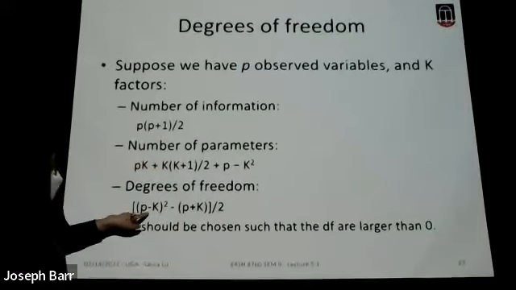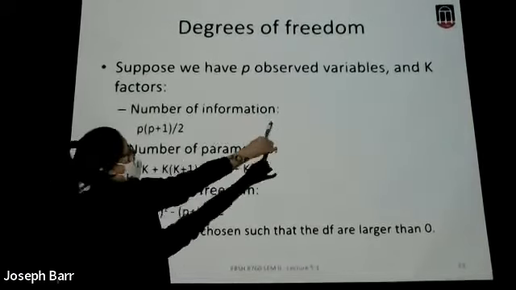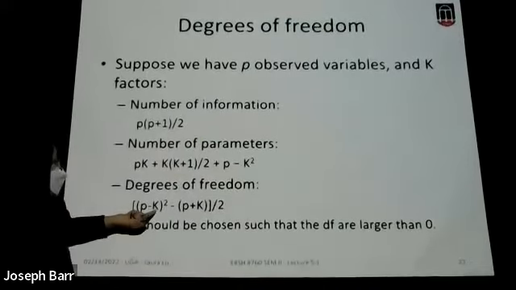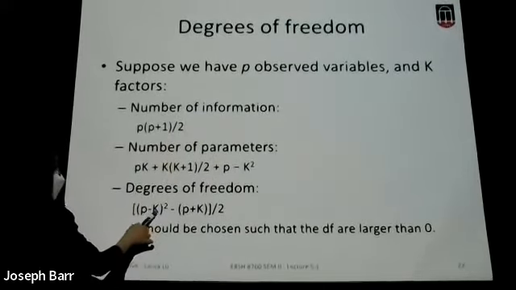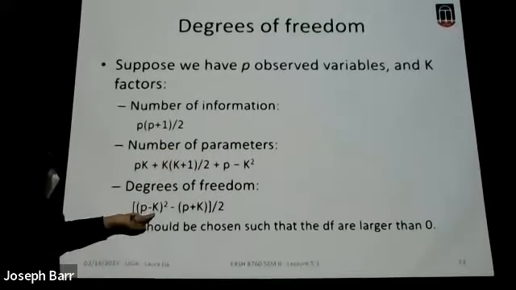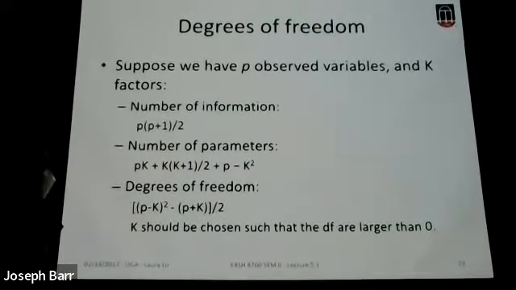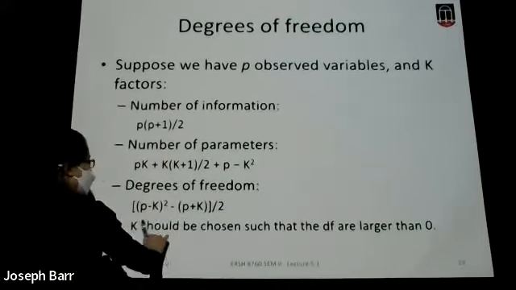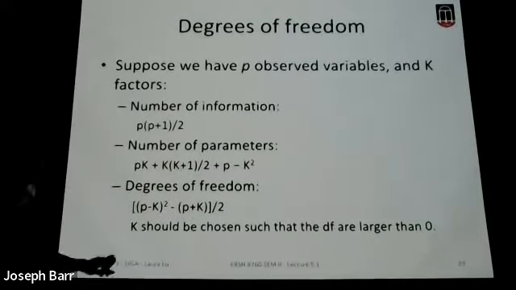So P should be larger than K. P is the number of variables, the number of items here. K is the number of factors. So K should be less than P. So this is the degrees of freedom of the second model.